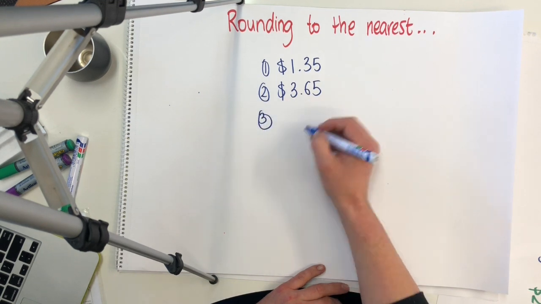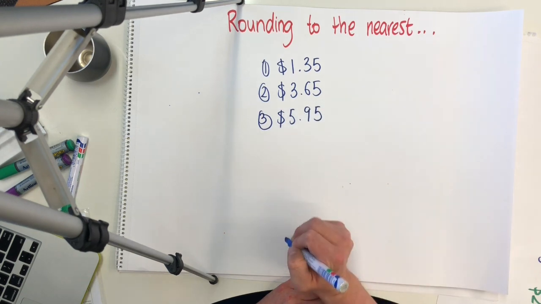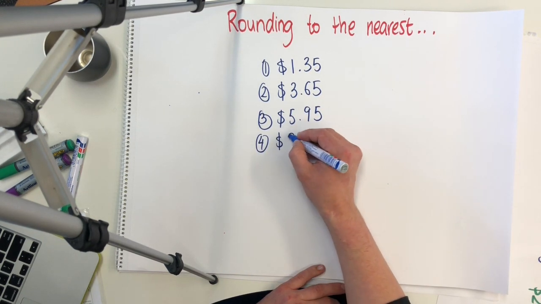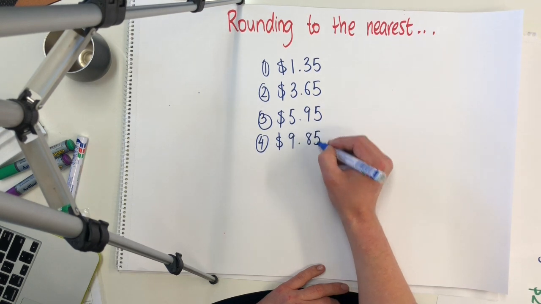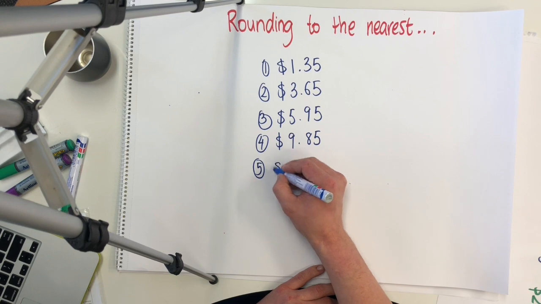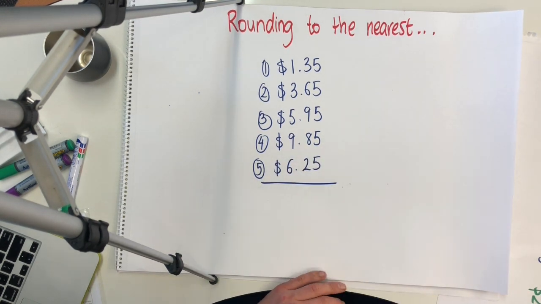Item 3 is going to cost me $5.95. Item 4 is going to cost me $9.85. And item 5 is going to cost me $6.25. Now, if you had paper and pen or a calculator, you might be able to add that up quickly.